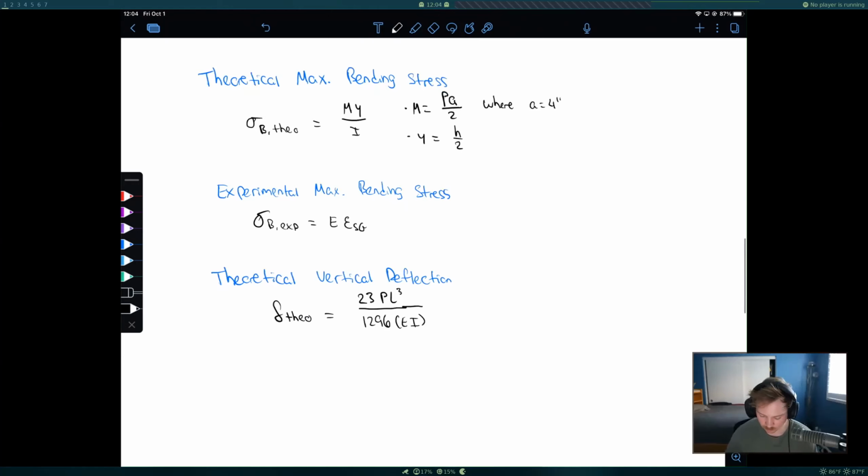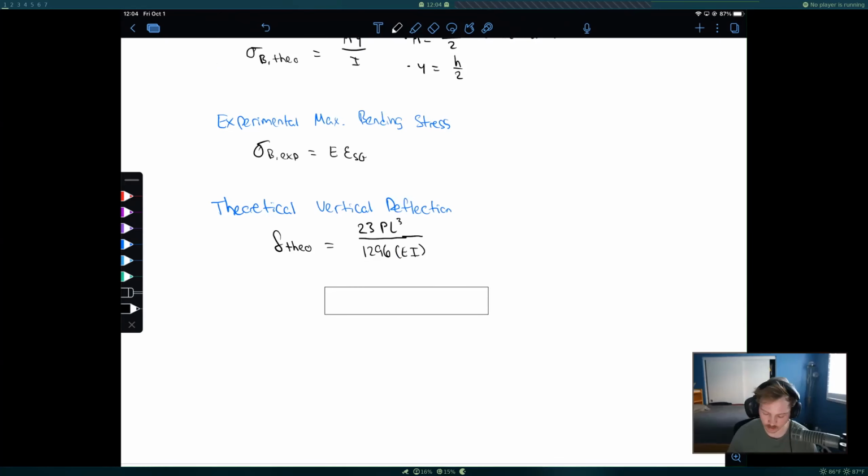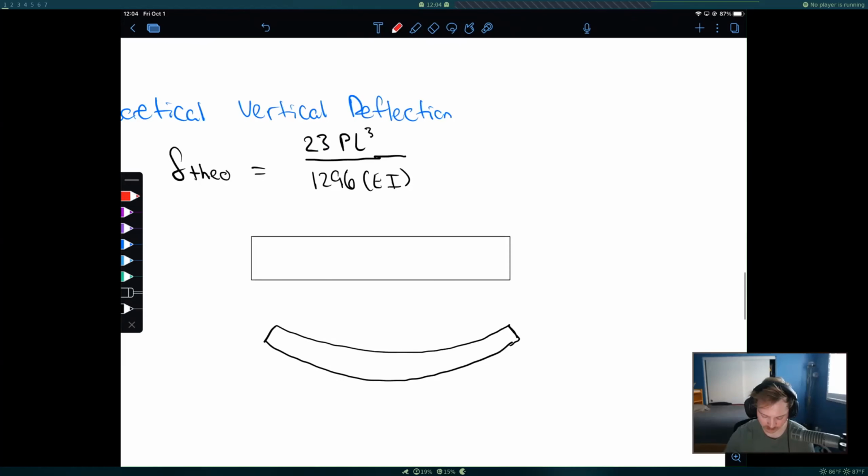And so this, remember, we have our beam here. And then once we apply our load, it's going to look something like that, right? So we want to measure that deflection where it went down. So maybe I should have even exaggerated it more.